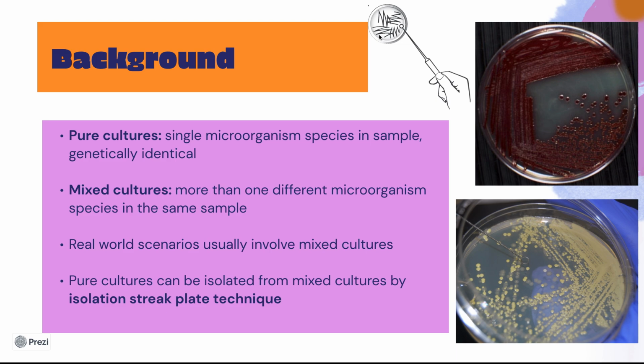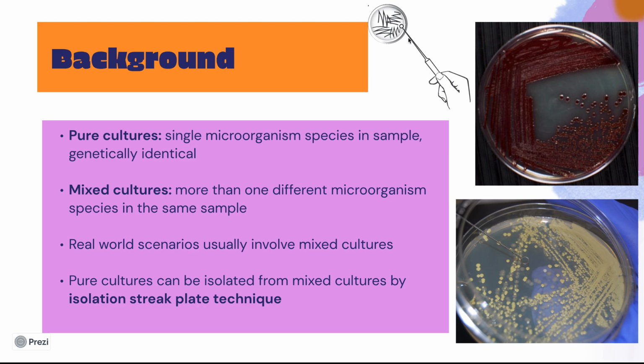This process is repeated until there are 4 quadrants of streaking completed, and then you incubate this. If you've done this correctly, growth will occur and the colonies will be isolated as the inoculum streak becomes more diluted across the plate.